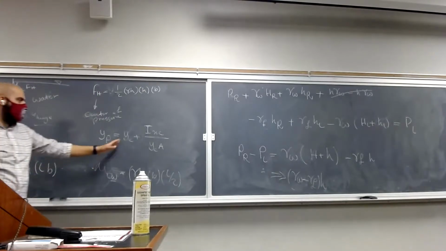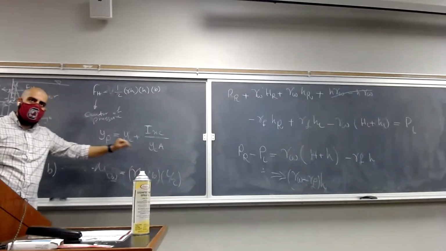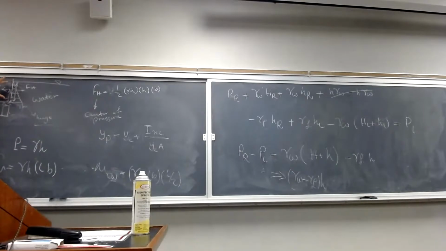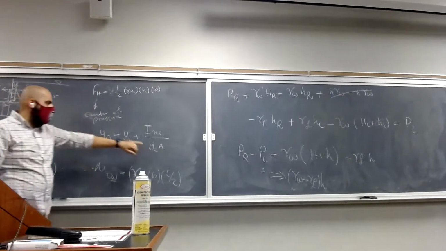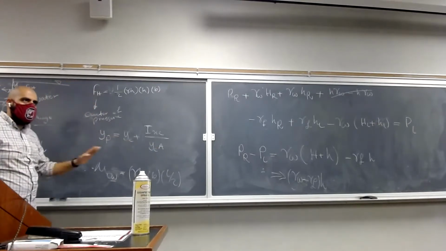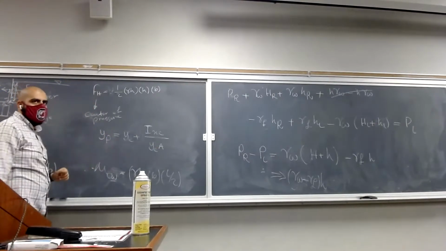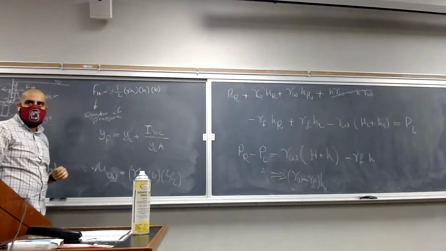Y of c is going to be h/2, right? That's the centroid's location, and in a rectangle, it is the midpoint. A is going to be h multiplied by b. The only thing we really don't know here is I of xc.